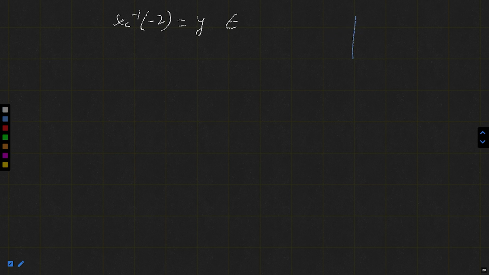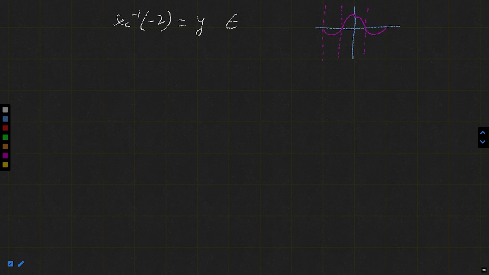If you recall the sec graph, first you plot the cos graph like this, and then wherever the cos is 0, we plot the vertical asymptote over there.